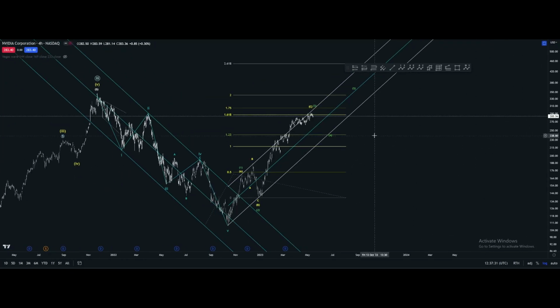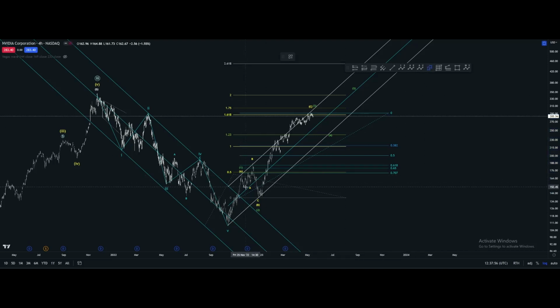If this thing decides to stay impulsive and you want to hunt for your wave 4, you have the previous structure here, and one of the levels to keep an eye on would of course be 0.38, and it falls of course right there.